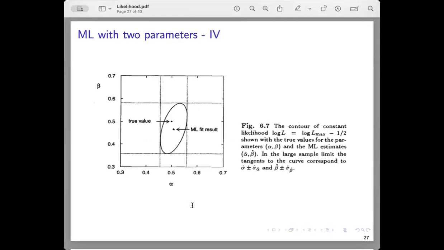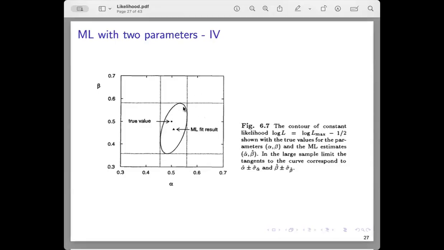Okay, and now you can also use this graphical method and vary the values of alpha and beta so that the log likelihood decreases by half from its maximum value. That shows the contour in this alpha-beta plane, which represents where the log likelihood value is the maximum value of the log likelihood minus half.